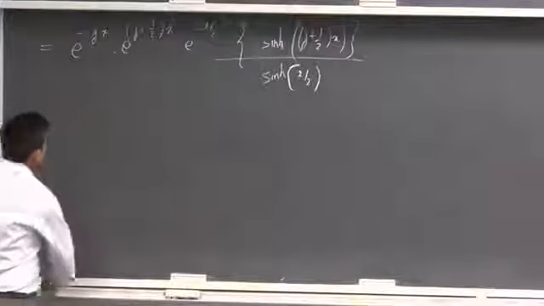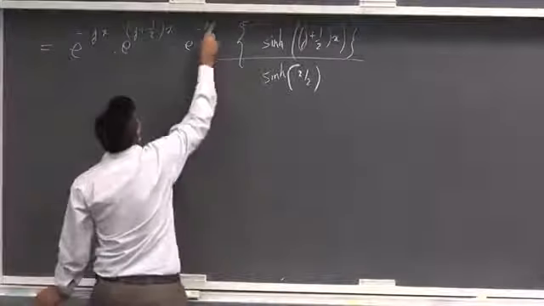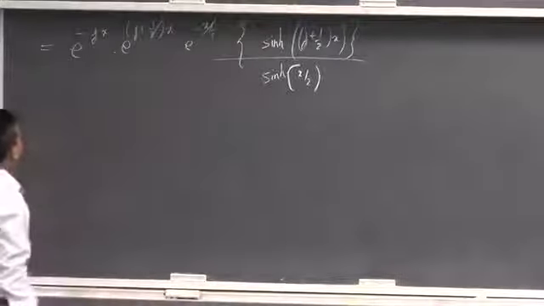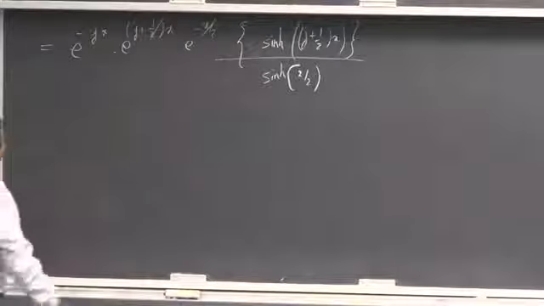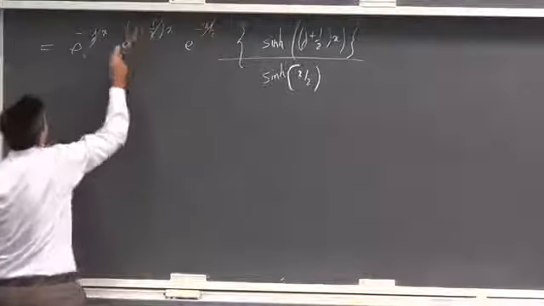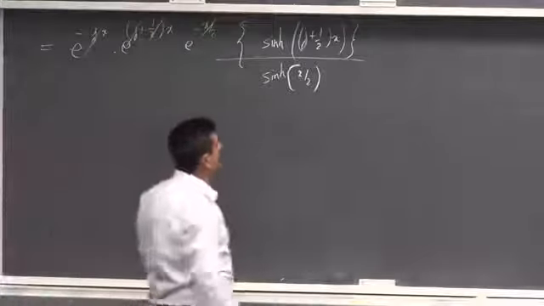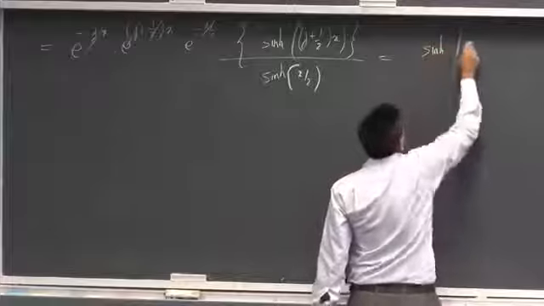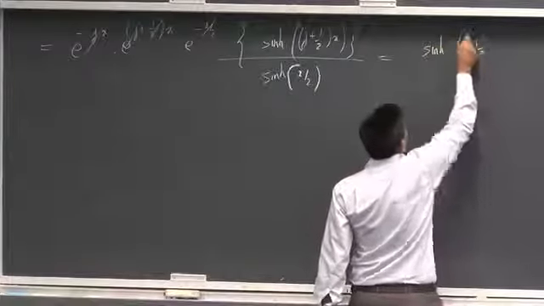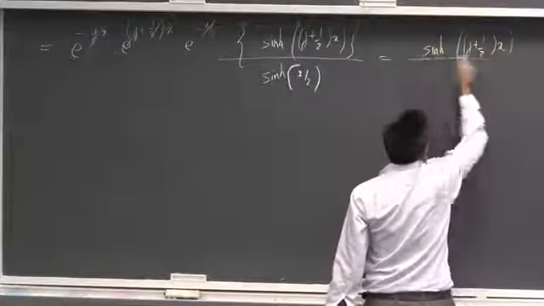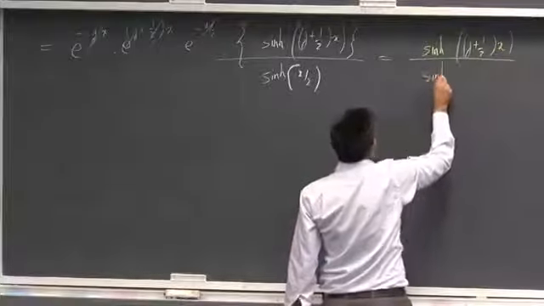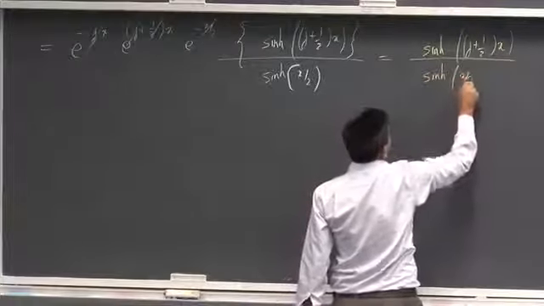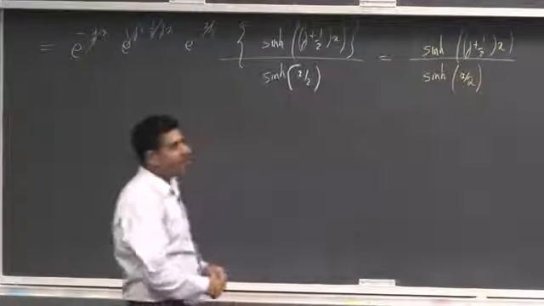I can simplify this a little bit, so the prefactor just goes away, and I'm left with the partition function, which is sinh of (J plus 1/2)x divided by sinh of x by 2. So I've calculated the partition function.